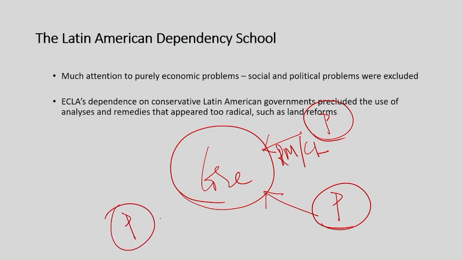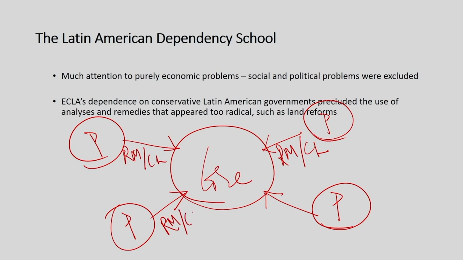Okay, they all get raw materials and cheap labor force from the underdeveloped countries, from the peripheral countries, from the less developed countries.